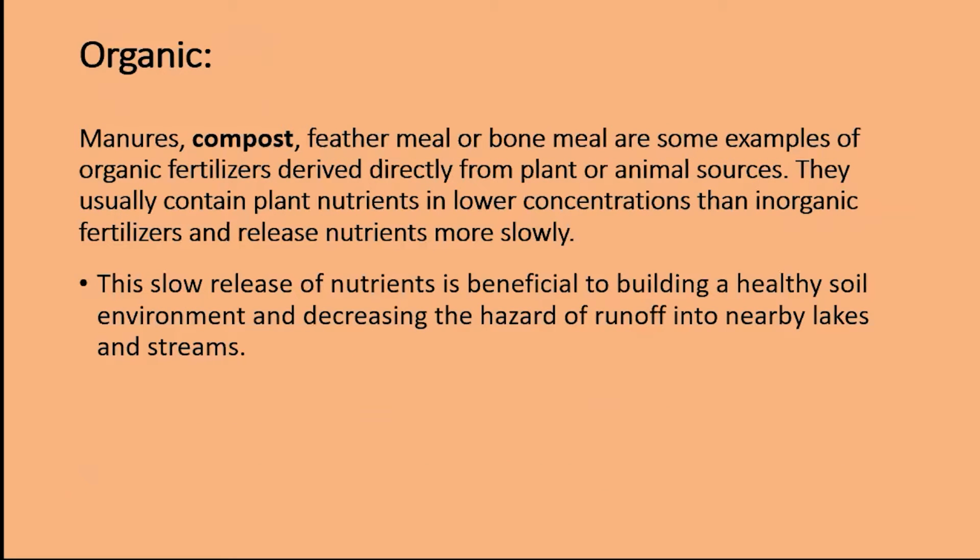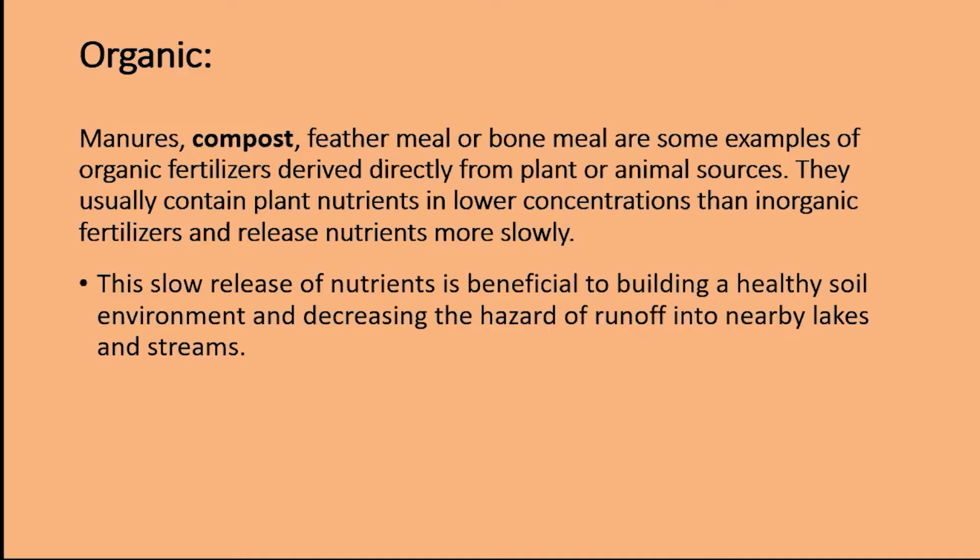Organic fertilizers, you may have recognized these: manures, compost, feather meal, or bone meal are just some examples that you can use. They're called organic because they're derived directly from plant or animal sources. They will contain plant nutrients in a lower concentration than the inorganic, and the nutrients get released slower, which is beneficial if you want to build a healthy soil environment over the long term.